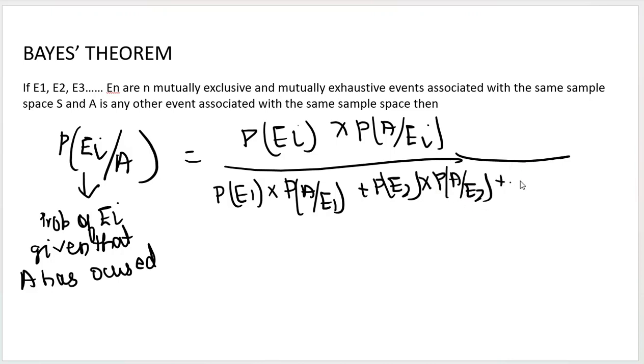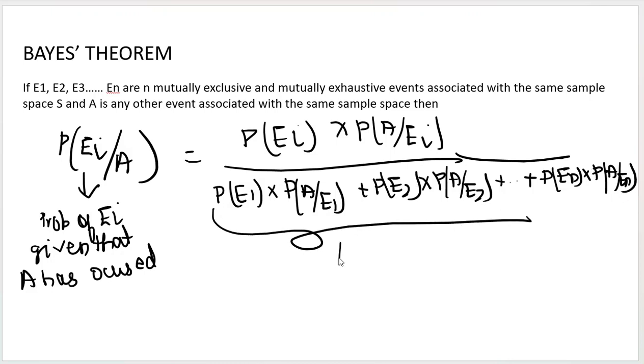Continue this up to all the n events, which is given by the probability of En into the probability of A given En. The down part is nothing but the law of total probability.